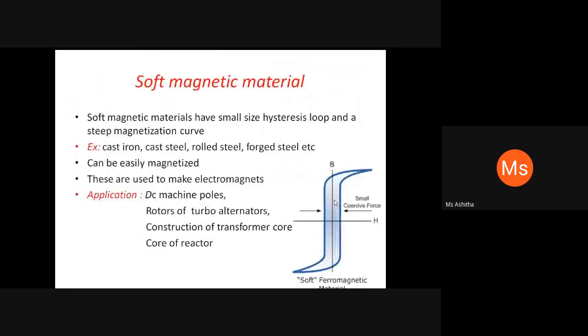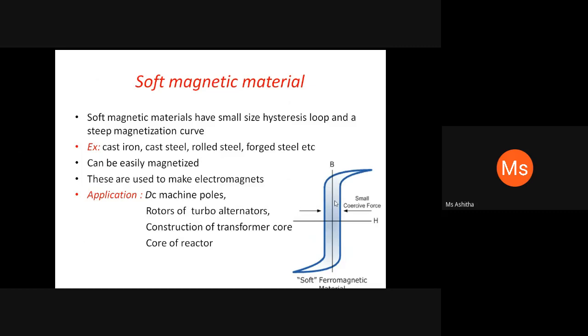When you compare with the soft magnetic material, soft magnetic materials have a small hysteresis loop. A small hysteresis loop represents a small coercive force, which indicates lesser energy consumption. In comparison with the hard magnetic material, the soft magnetic materials are most useful, and their characteristics are most useful for designing machines or machine manufacturing. Examples are cast iron, cast steel, rolled steel, and forged steel.